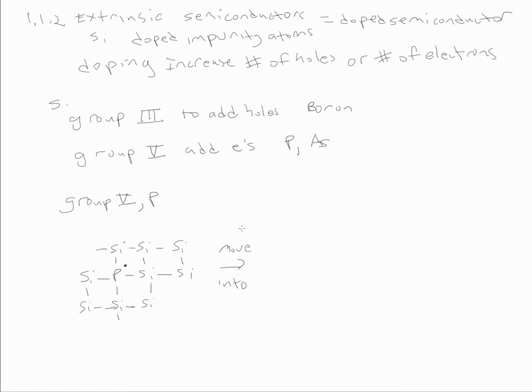So that unpaired, unbonded electron on phosphorus can move into the conduction band, where it's free to move around. I'm talking about this one right here.